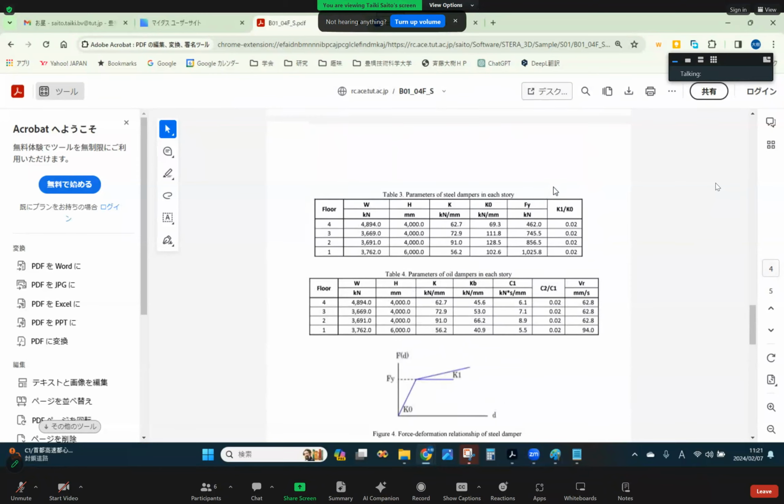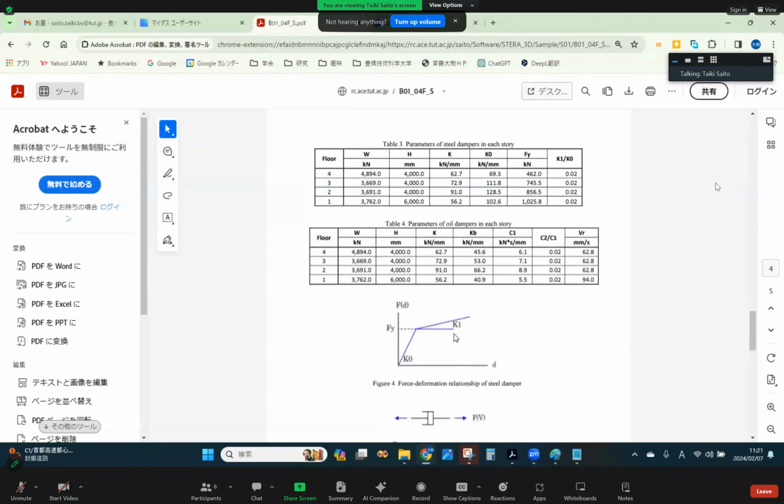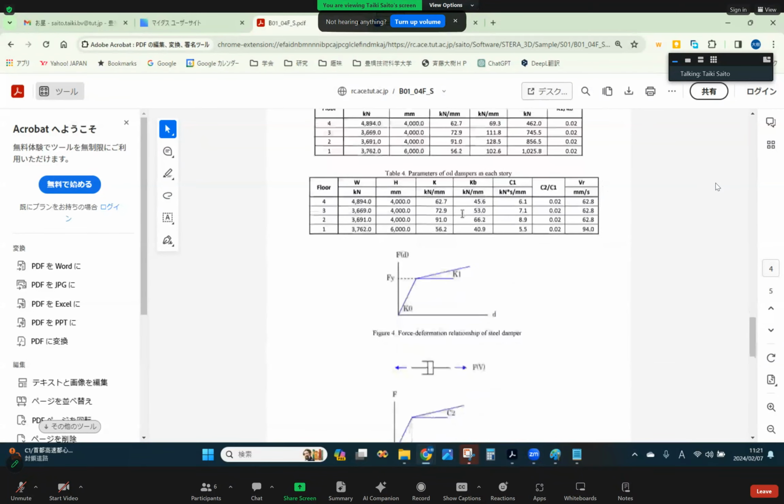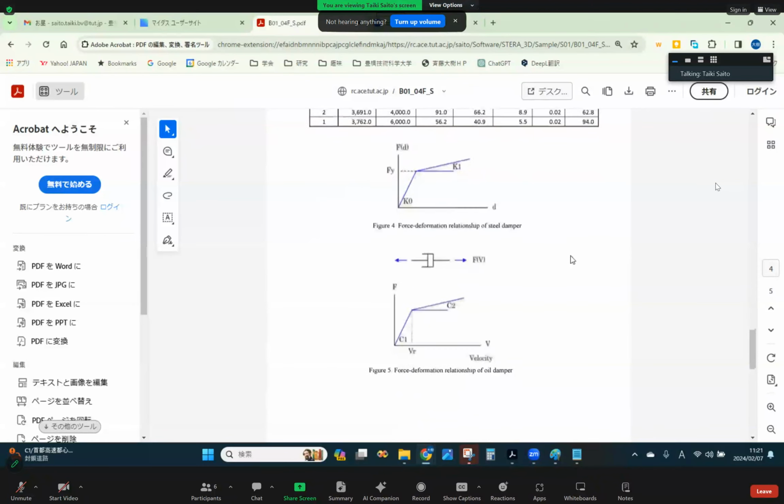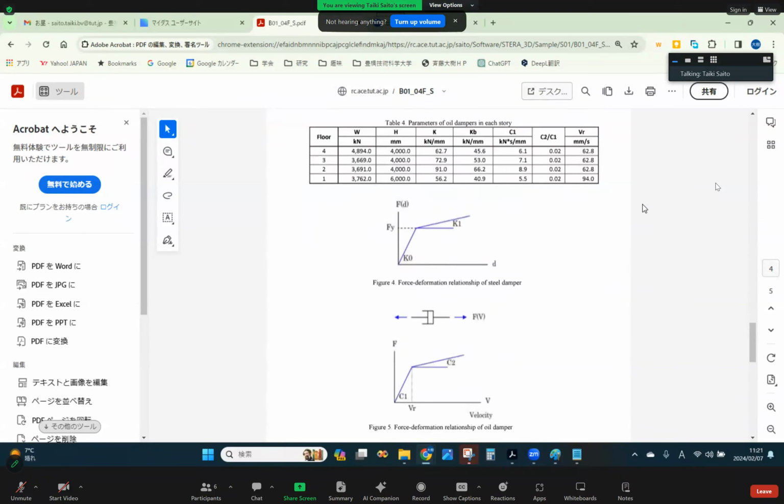So maybe first you should understand how they decide the hysteresis damper parameters, or the oil damper parameters, based on the performance curve. Then you can apply the same procedure to the viscoelastic damper.